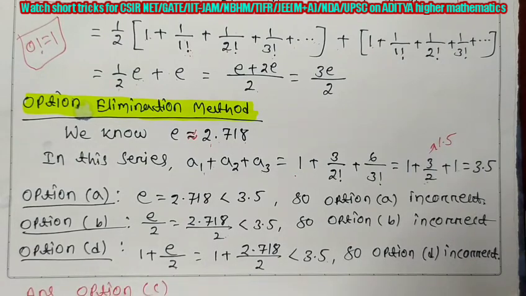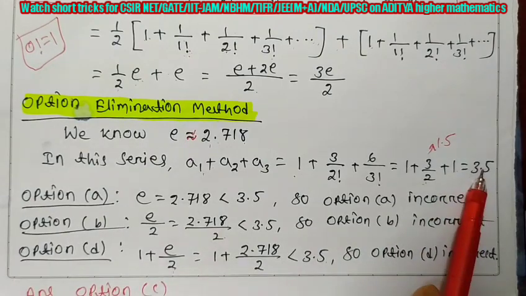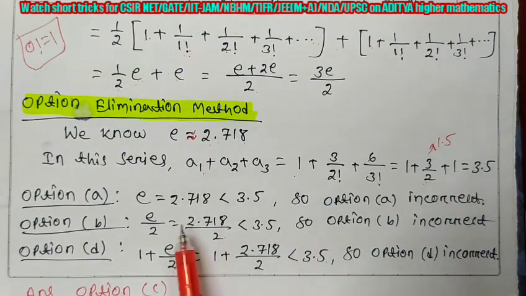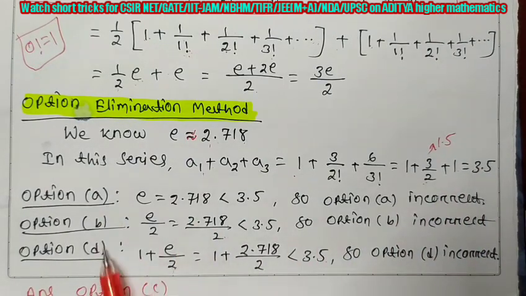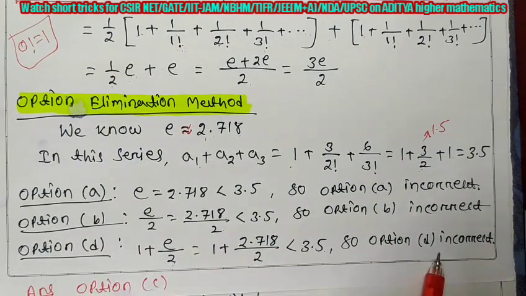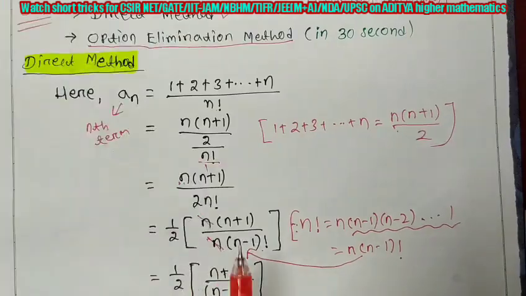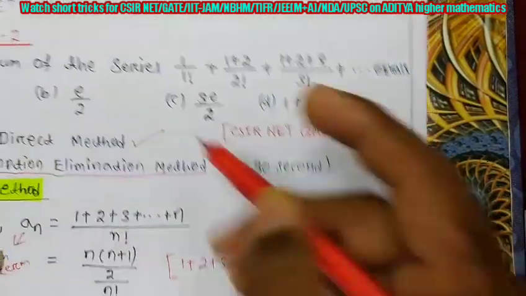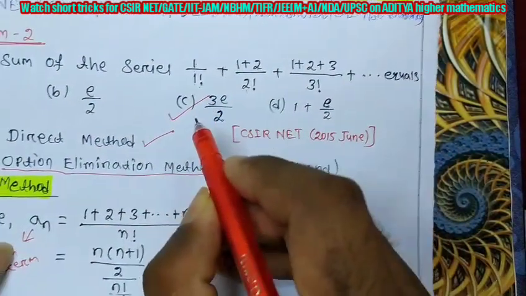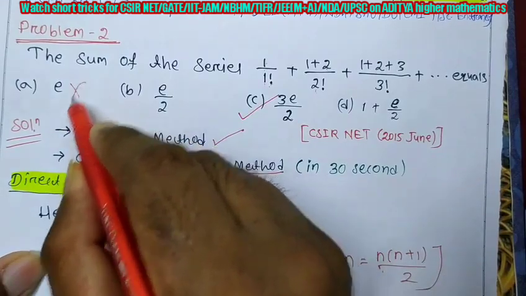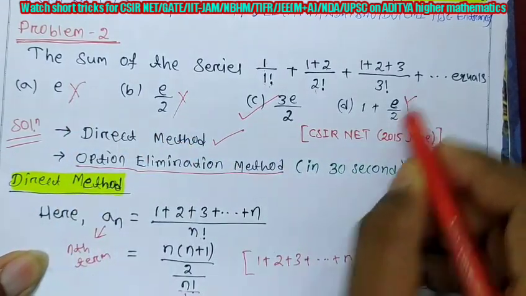But these options are given as the sum of an infinite series, so obviously these values must be greater than 3.5. Since these values are less than 3.5, automatically these 3 options are incorrect. So the remaining option is only option C. So option C is the correct answer. Option A is wrong.